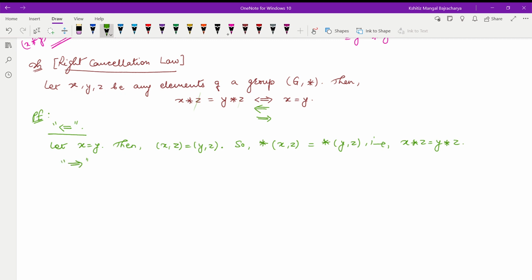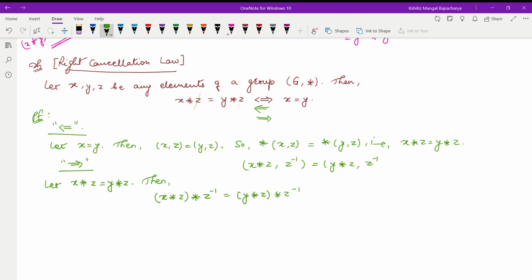Now let x star z be equal to y star z. Then, operating on both sides, x star z star z inverse will be equal to y star z star z inverse, because x star z and y star z are equal, so these elements are also equal, and the binary operation will give us something like this.